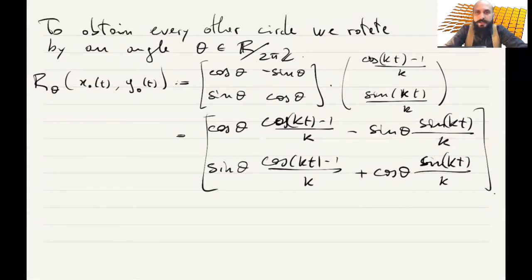Pieces of these circles will be lifted to get the geodesics.